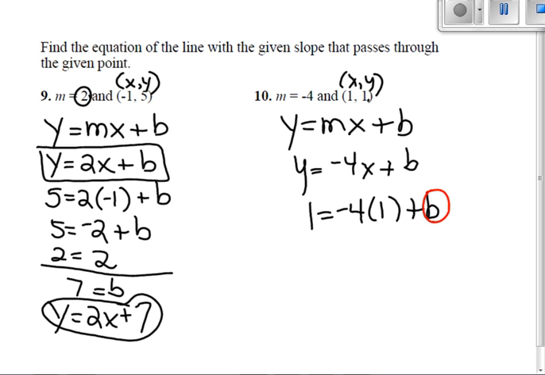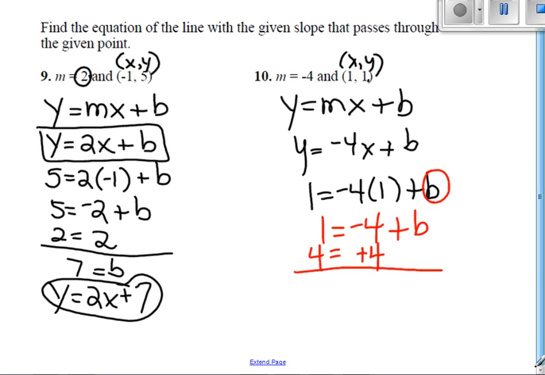But I want this all by itself. I have a negative 4 here. I don't want the negative 4. Actually, I should multiply it out. There. No, I multiplied it out. How do I get rid of that negative 4? What's the opposite of negative 4? Add 4. Yes. So you add these. What's 1 and 4?